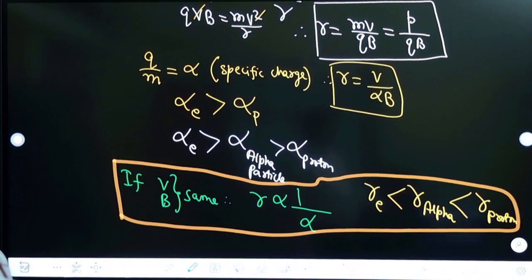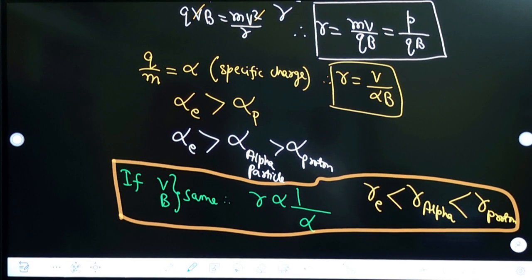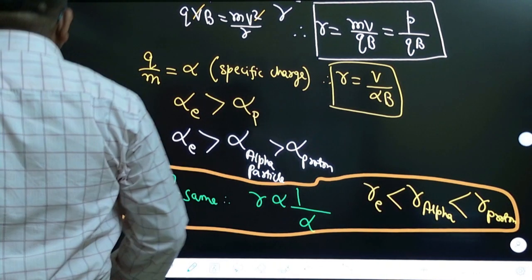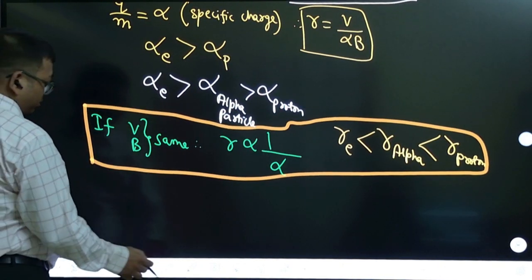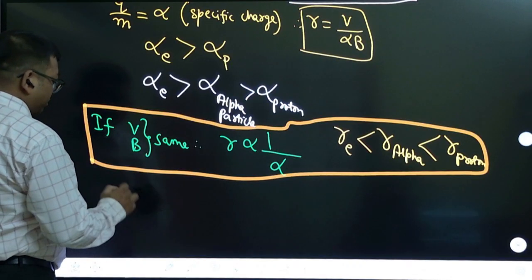But if they say the kinetic energies are the same or accelerating voltages are the same, then how do we compare that? Then we need to write this formula in terms of that. So you write this formula again.